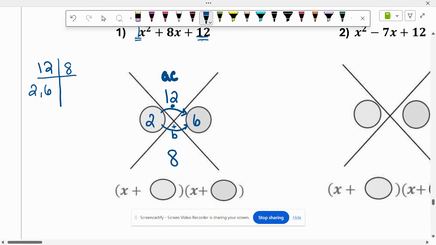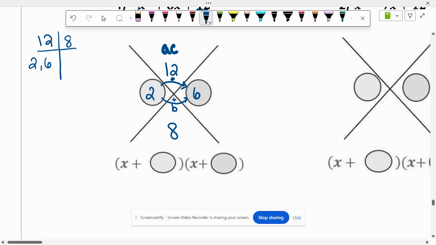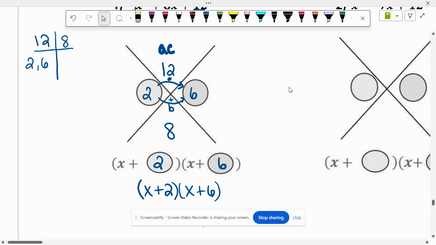Absolutely. So those are the factors that I'm choosing. Since both of the factors are positive, we just write it as X plus 2 times X plus 6. That seems a little bit easier than factor by grouping, finding a twin, all that stuff, huh?